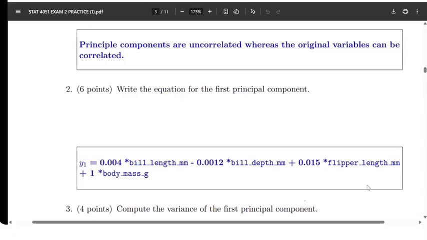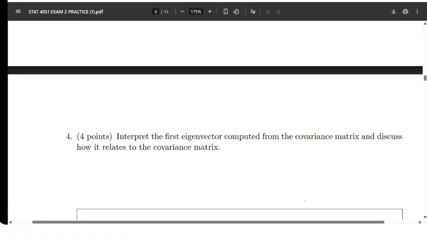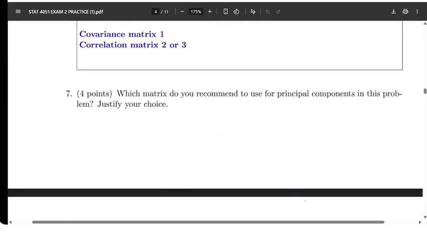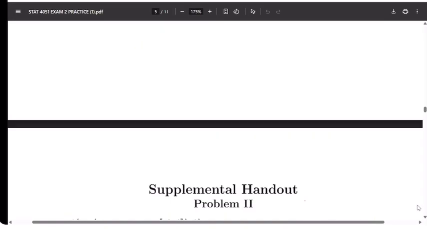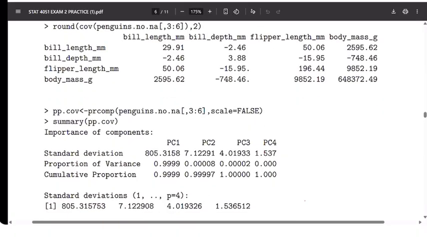Now, let's go to number 3. Number 3 said, compute the variance of the first principal component. I'm going to go to the outputs, but I'll tell you whether you are going to use the correlation. They want you to compute the variance for the first principal component, but take a look at this.